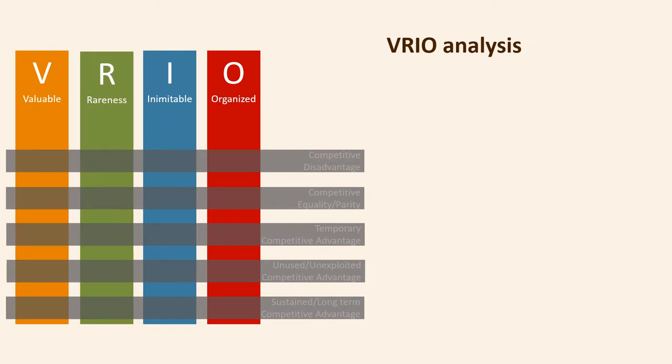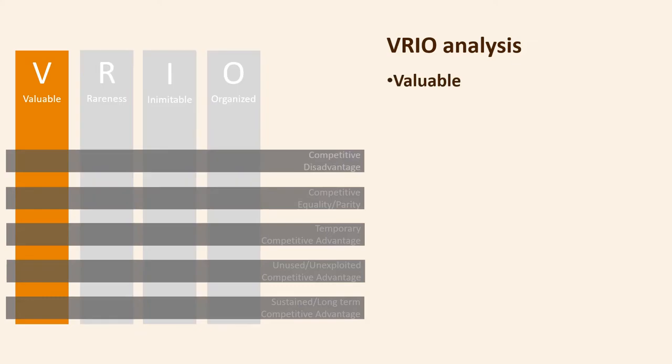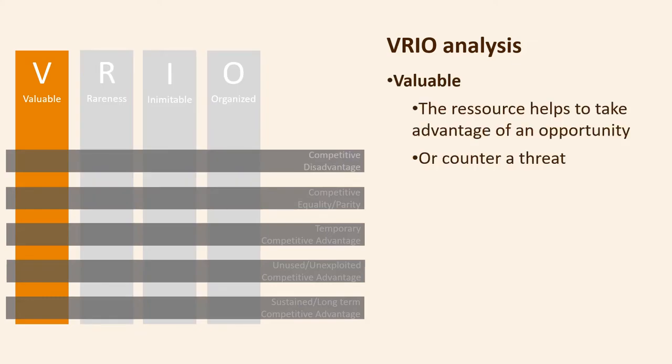We will now review the individual vertical VRIO elements. The first is valuable. A resource is valuable if it helps the company either take advantage of an opportunity or counter a threat due to competitive advantages, even if it cannot outperform competitors. So, it is a strength.